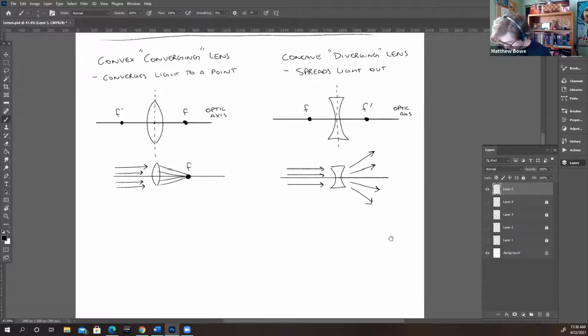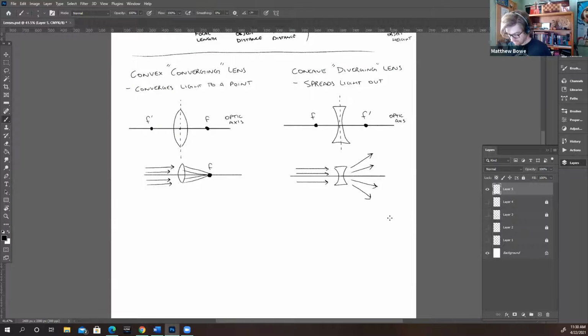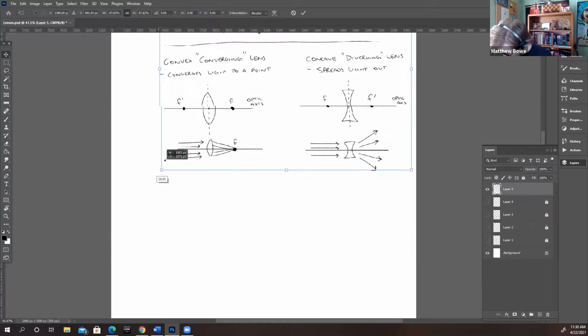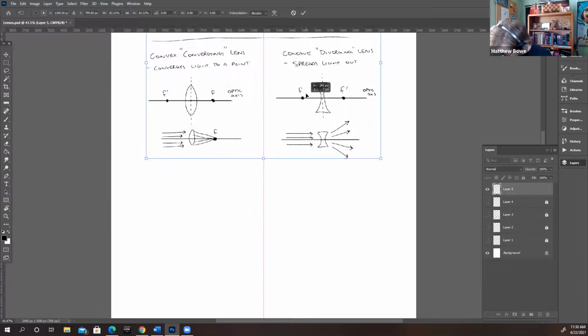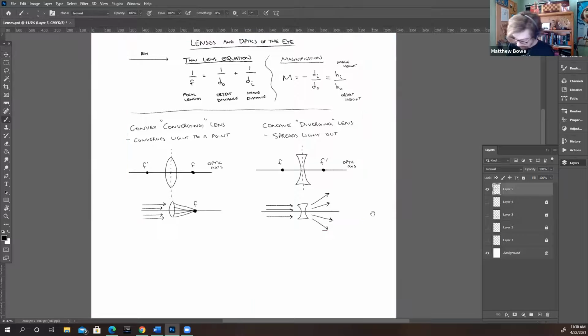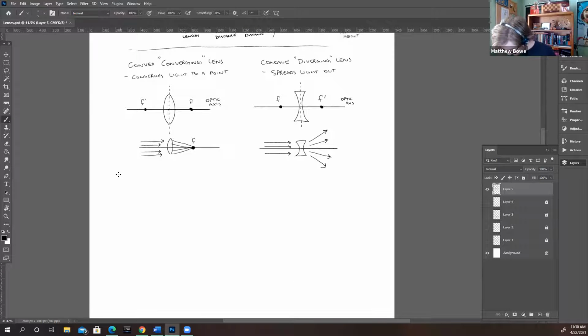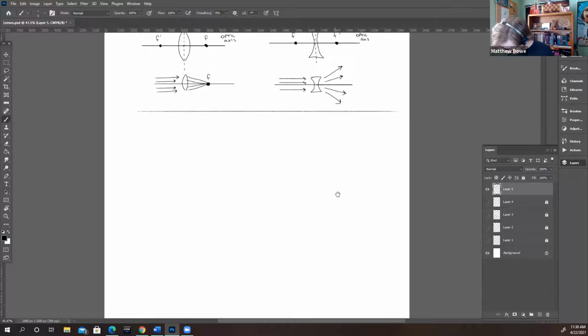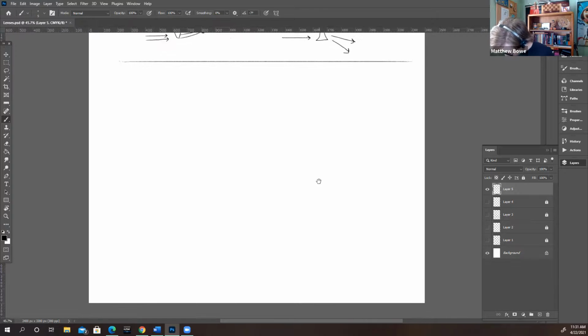Let's make a more technical, or I guess, slightly technical ray diagrams for these. So convex lens, let's do that. Okay, so we have a lens that looks like a football.